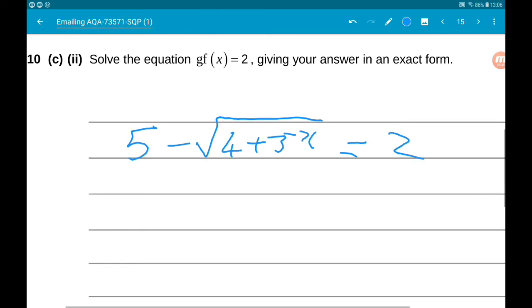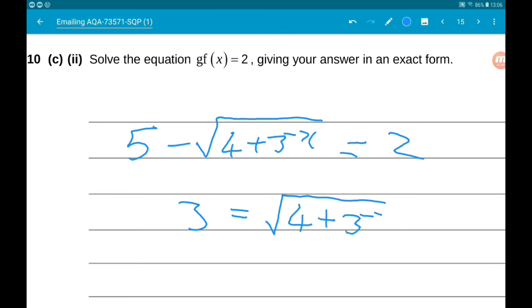Let's subtract 2, which is going to give us 3, and add the square root. So we get 3 is equal to root 4 plus 3 to the minus x.